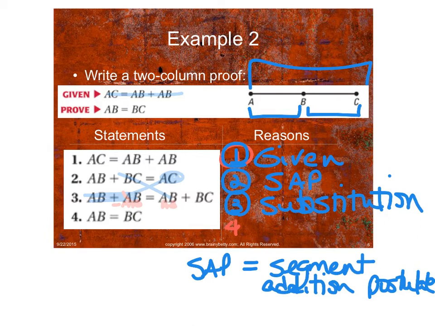And again, if you just want to write subtraction, I'm okay with that. You could just write subtract or subtraction. Everybody good on this slide, or do we need a few minutes?